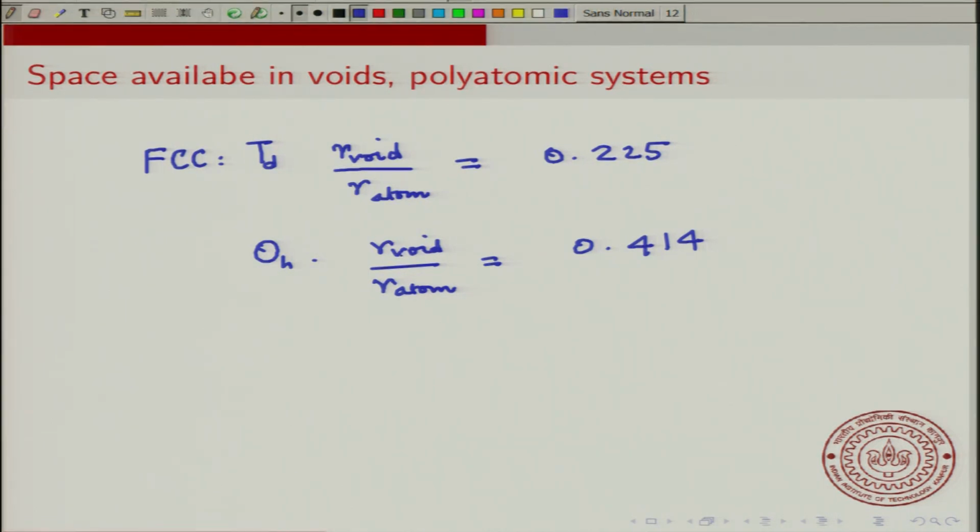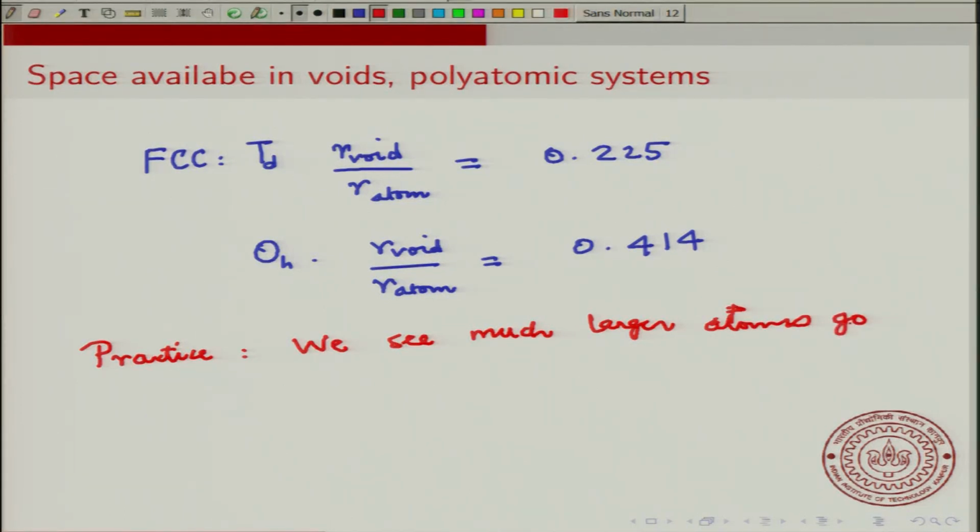However, in practice, we see much larger atoms go into voids.